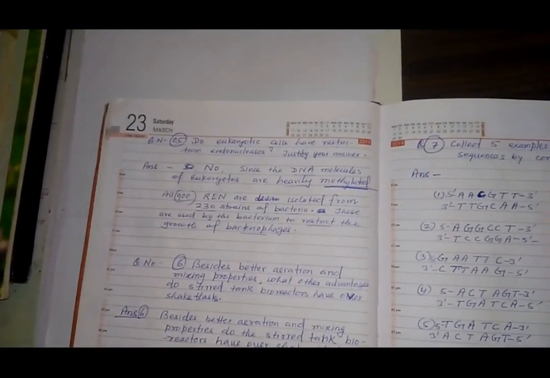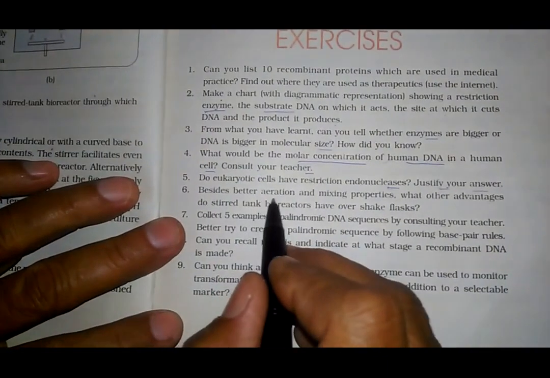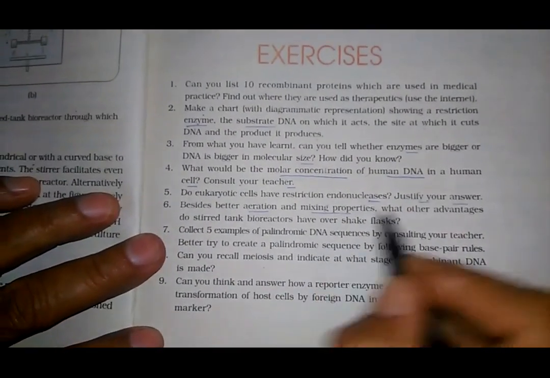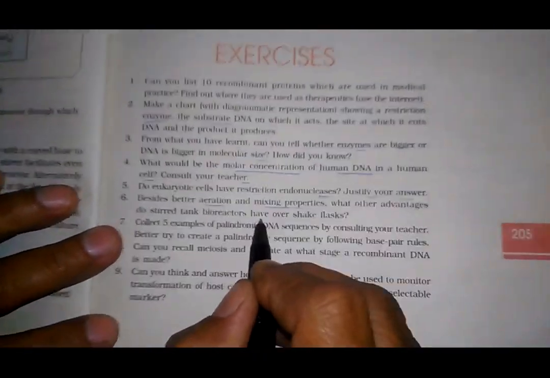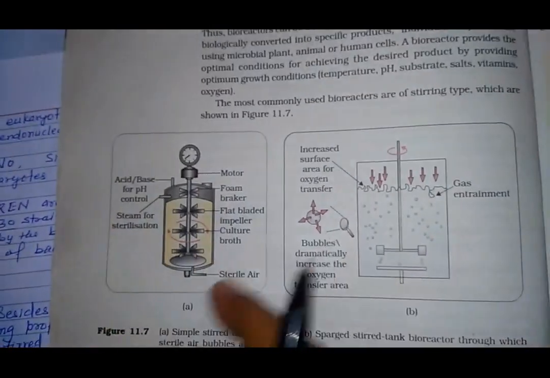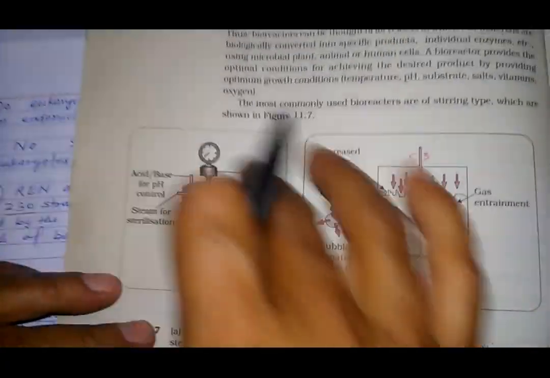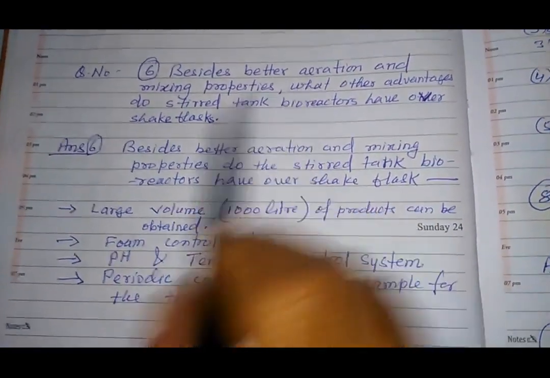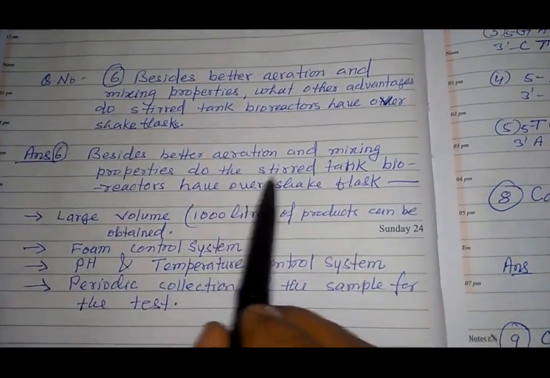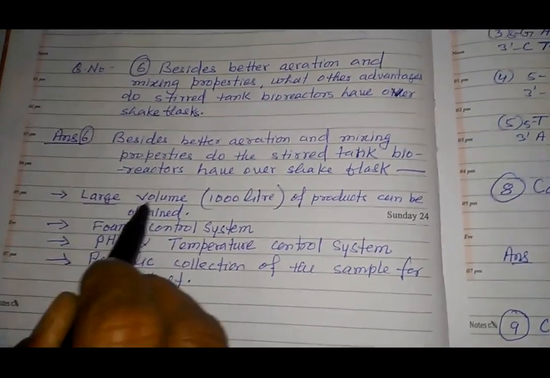Question number 6. Besides better aeration and mixing properties, what other advantages do stirred tank bioreactors have over shake flasks? You were just observing the diagram of the stirred tank bioreactor in your NCERT book. So what will be the answer? They have large volume.